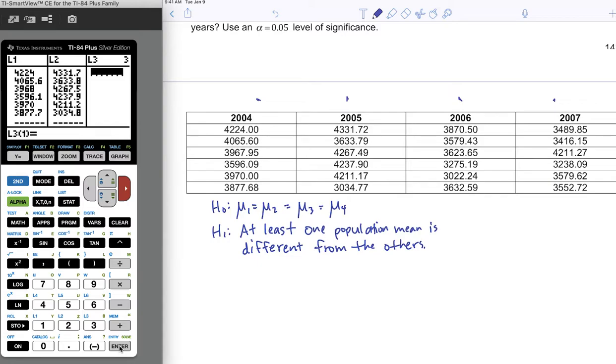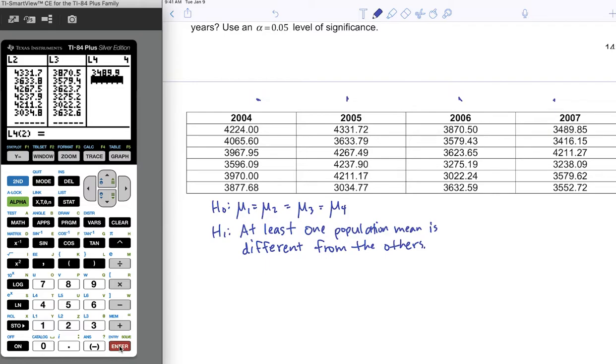Now 2006, 3870.5, 3579.43, 3623.65, 3275.19, 3022.24, 3632.59.